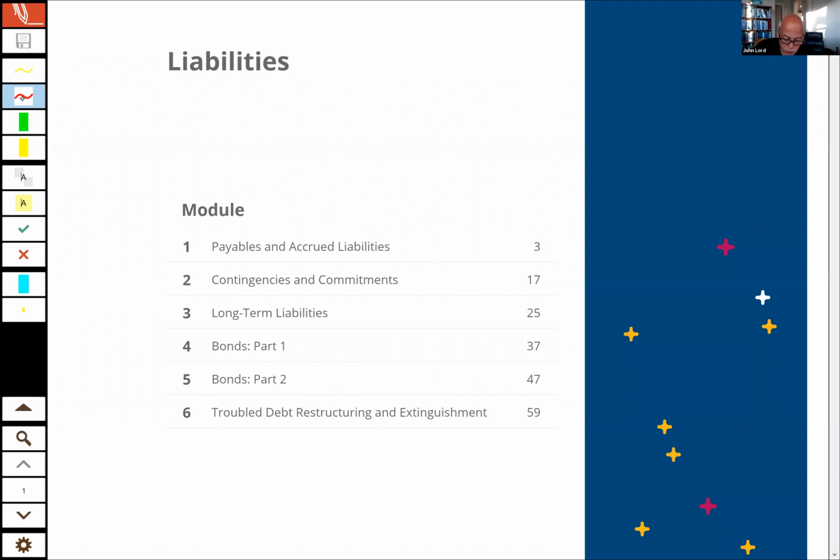Let's take a look at some potential point values. There'll be a general discussion of how to handle accrued liabilities, 2 to 3 points. Some very basic things that are almost introductory to accounting, with just a little bit of nuance as to how you'll handle some of these things, and we'll review that.